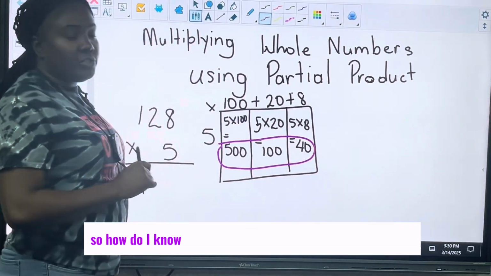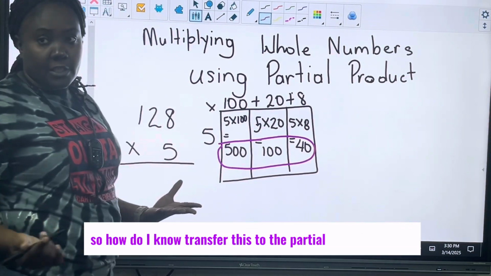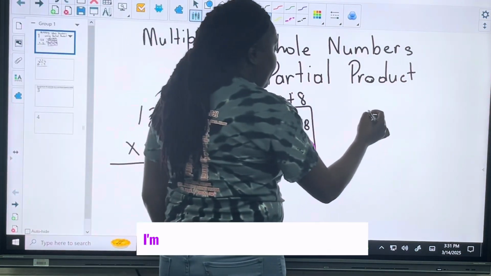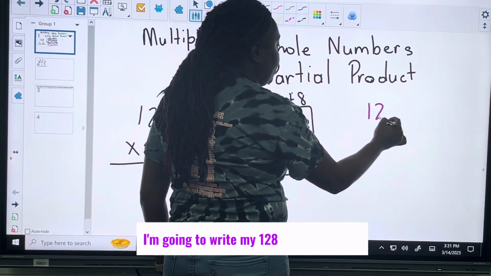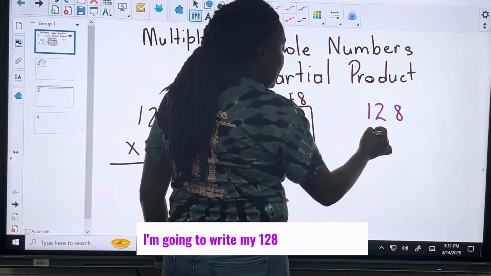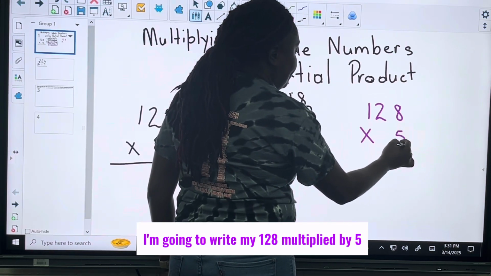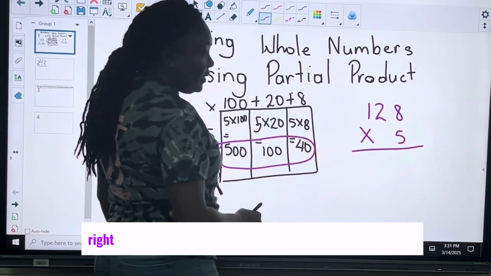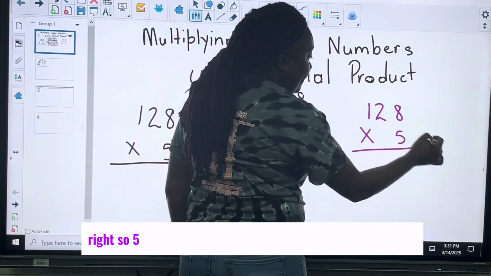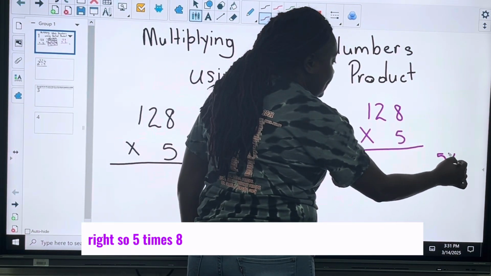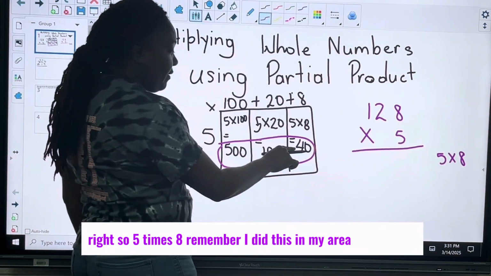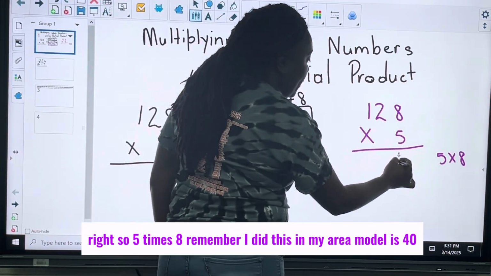So how do I now transfer this to the partial product method? I'm going to write my 128, that's being multiplied by 5. So, 5 times 8, remember I did it in my area model, is 40.